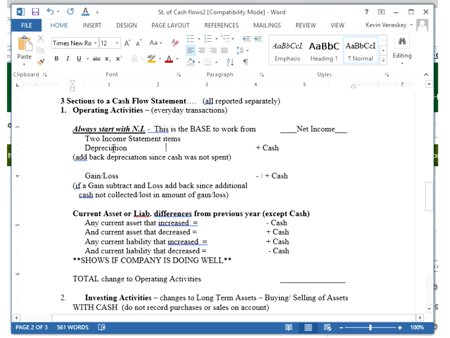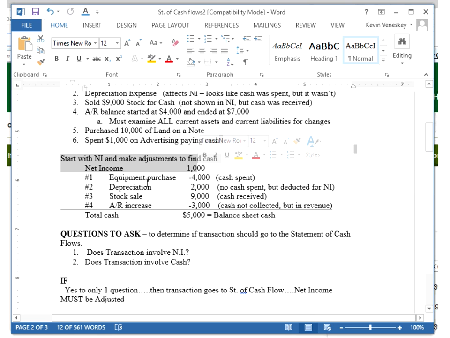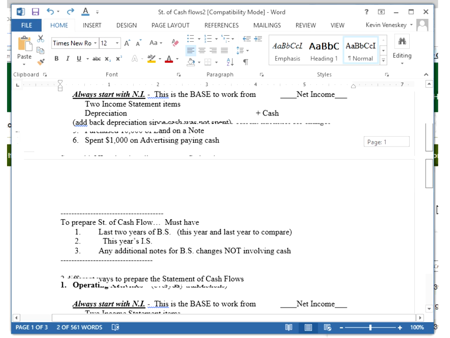We'll look at the depreciation expense. Whatever it shows on the income statement for depreciation expense, well, I want to pretend that it never happened because I didn't pay that money. I want to add that cash back in. I need to make an adjustment. Just like what I did up above when I had depreciation in my little example, I added that money back to the net income.